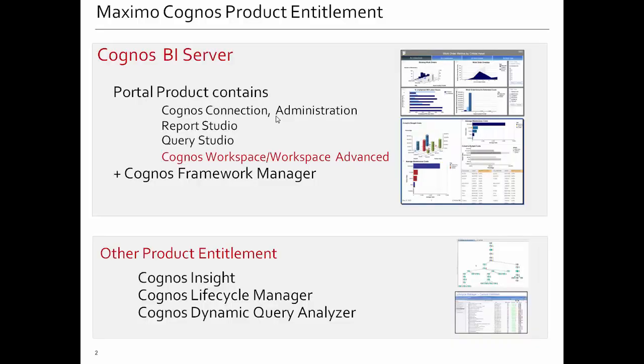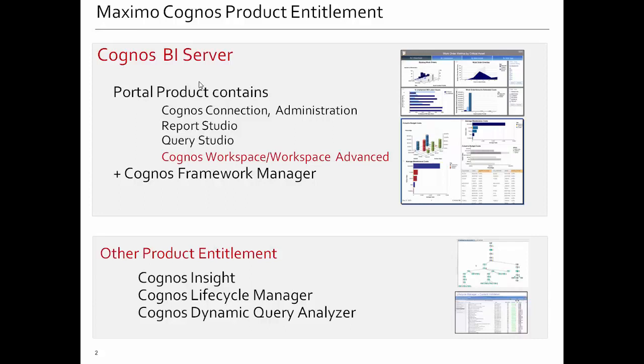So to get started, let's review the Maximo Cognos product entitlement. As this slide shows, there's two main areas of products that you are entitled to with Maximo 76. The first is the Cognos BI server. This is the largest component and also contains the tools that you will utilize for the majority of your report development and viewing needs.